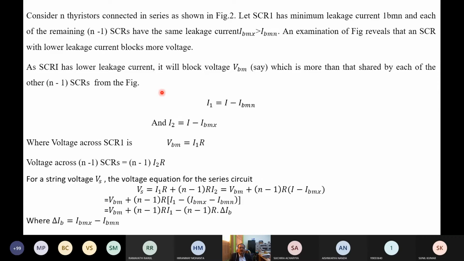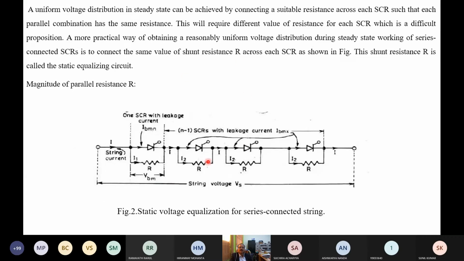Now from this figure you can see that this current is I minus I1, and this current, IB max, is I minus I2.